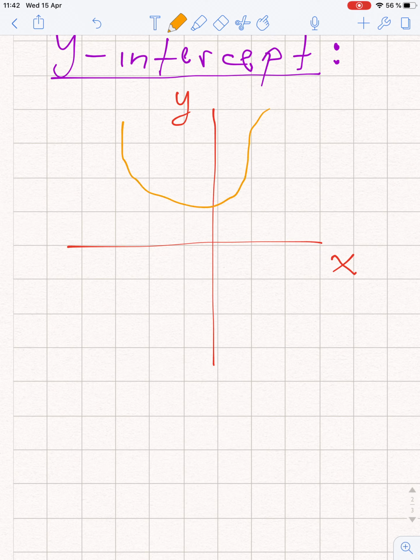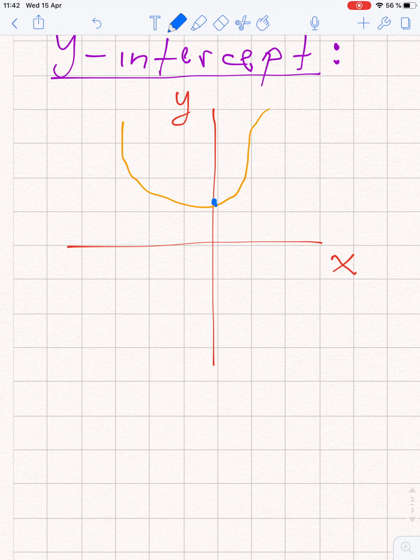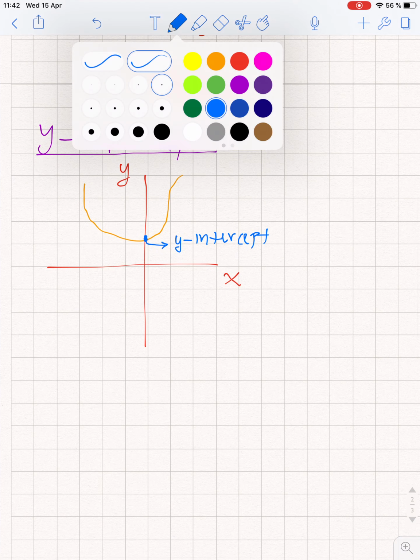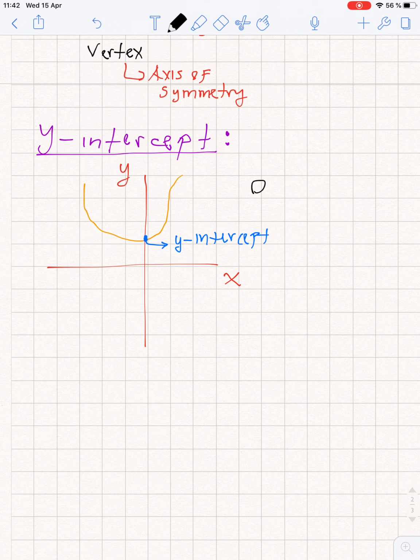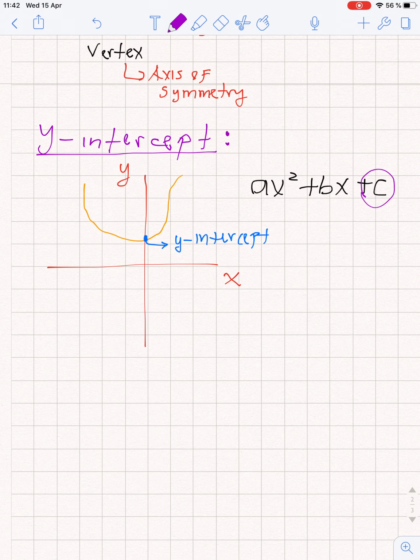For example, this curve. The point that is crossing or touching the y-axis, that is the y-intercept, okay? And the y-intercept in this quadratic equation, ax squared plus bx plus c, is the component c. That means the y-intercept in a quadratic equation is the component c.